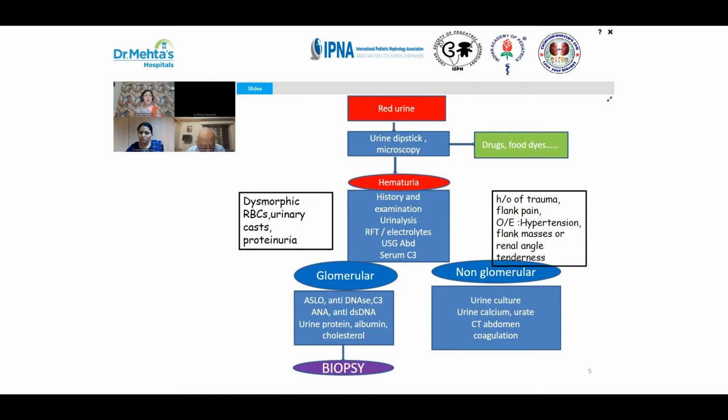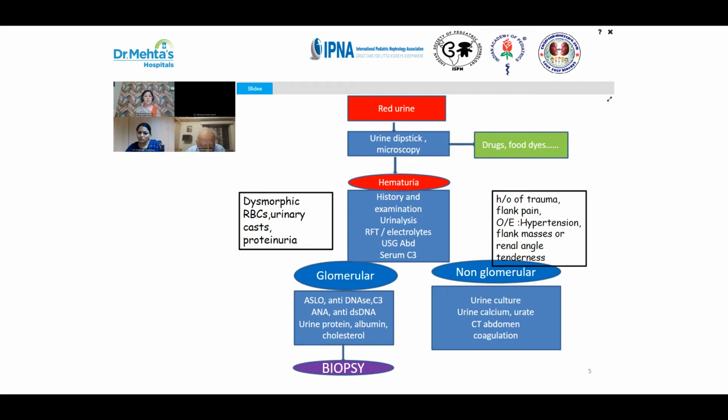We perform a microscopy and urine dipstick. We will come to the urine dipstick in more detail, but urine dipsticks are very sensitive and rely on the peroxidase enzyme which converts the pigment and gives it color. So a positive urine dipstick shows that there is hemoglobin or myoglobin or RBCs in the urine, and we need to confirm this on microscopy.